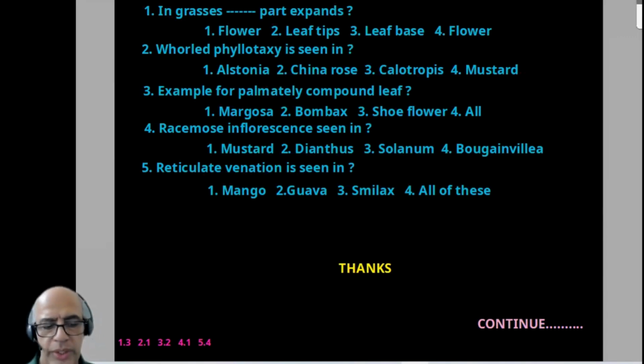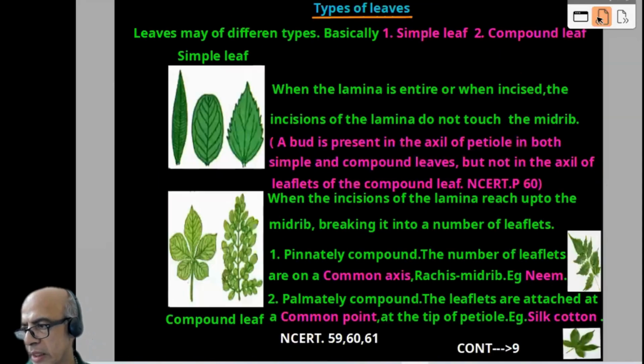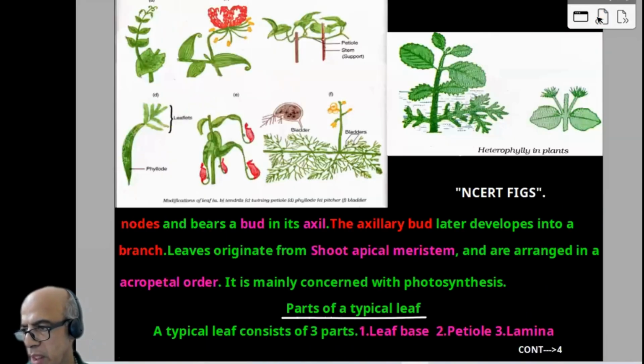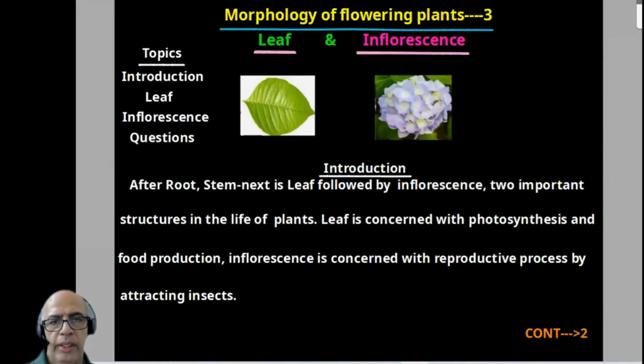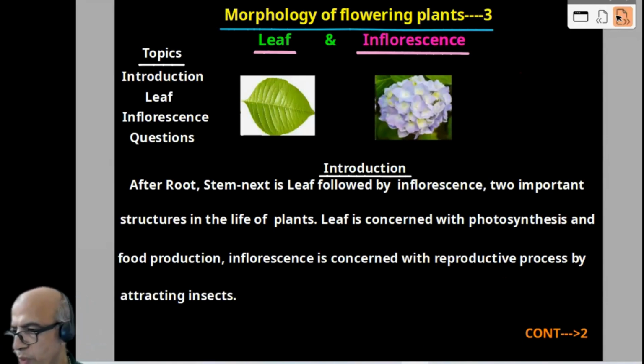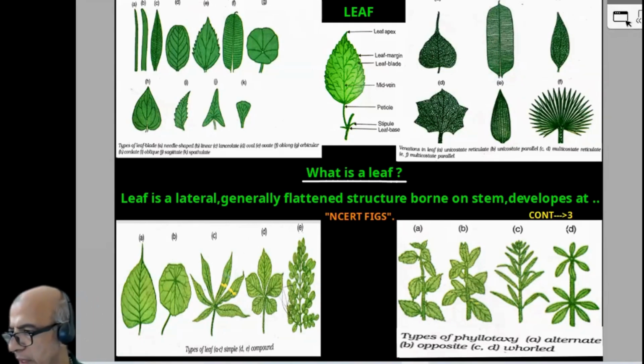So, what all things we learned in this episode? We can just rewind it. So, we started from morphology of flowering plants, that is third one. And we started with the introduction. Then after that, leaf and inflorescence, what is their importance? We went through different photographs of leaves from different editions of NCERT showing size, shape, margins, tips, all this, and arrangement of leaves, phyllotaxy, then modification of leaves, then heterophylly, all this.